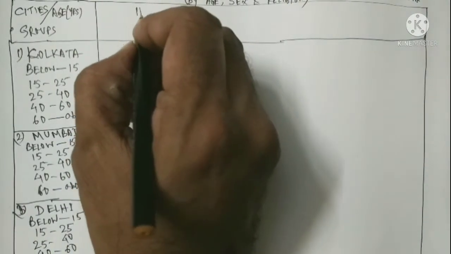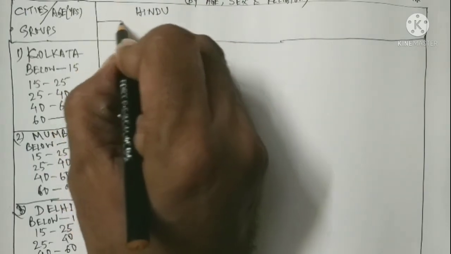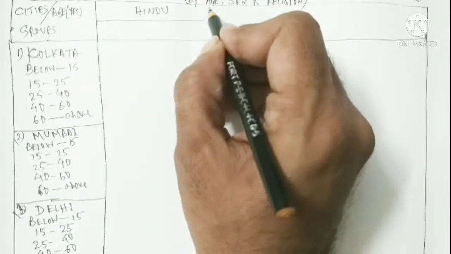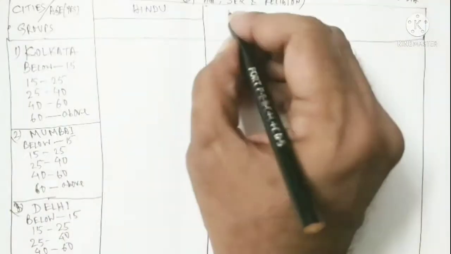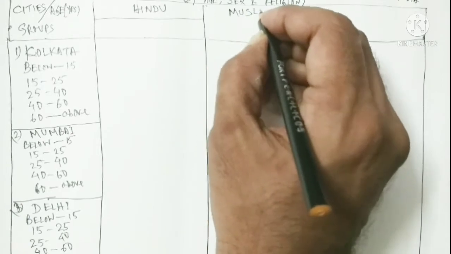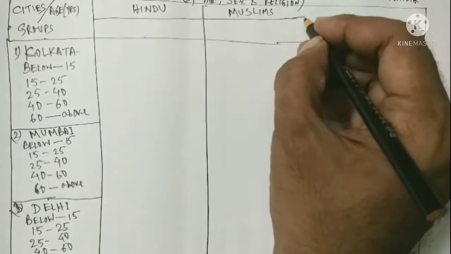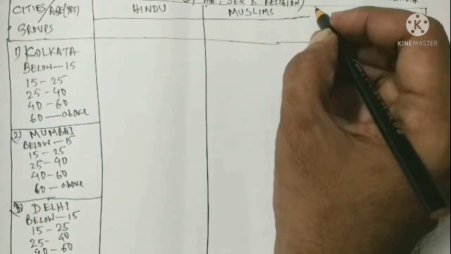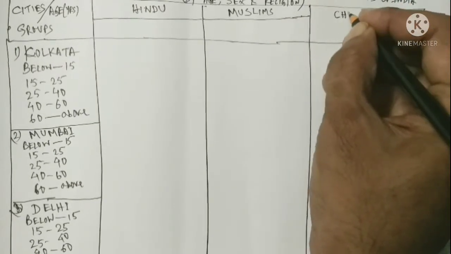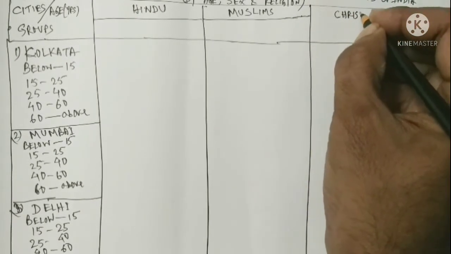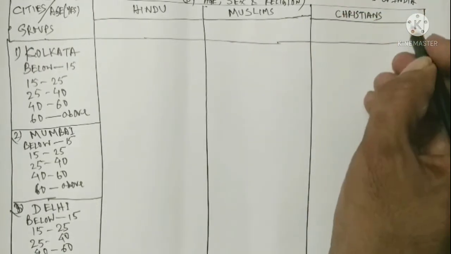And in the caption, suppose first we write Hindu, this is a column, Muslims, this is another column, and Christians. This is another column.